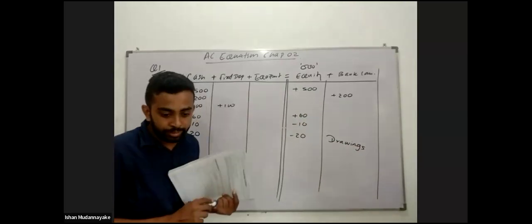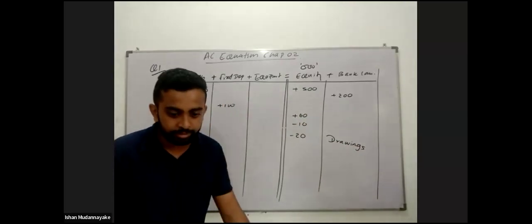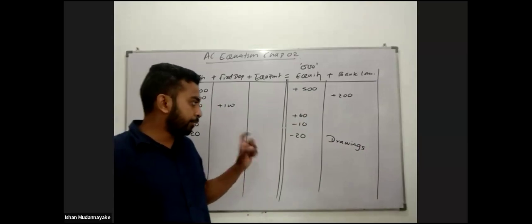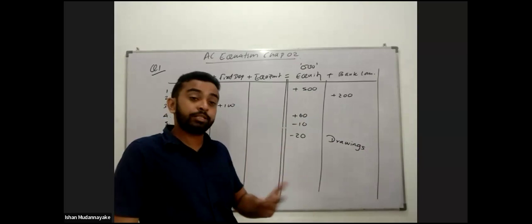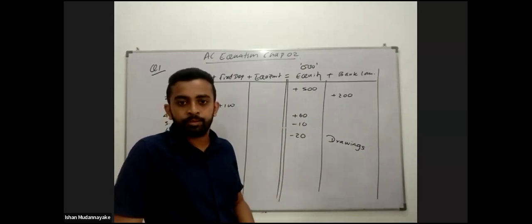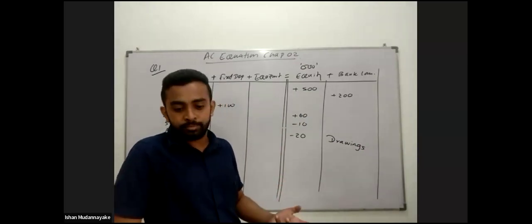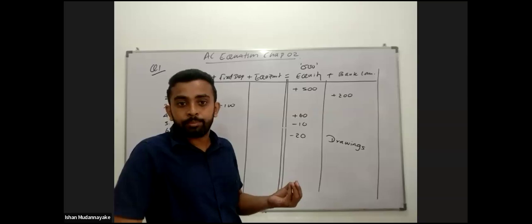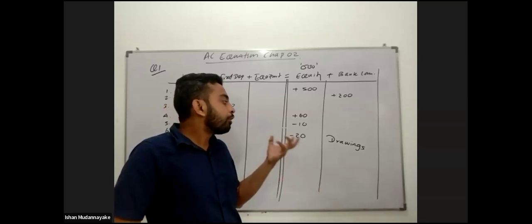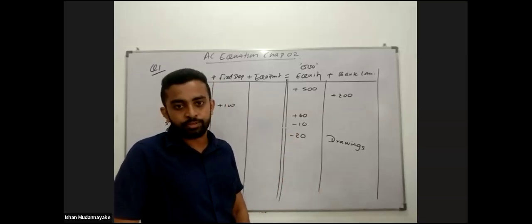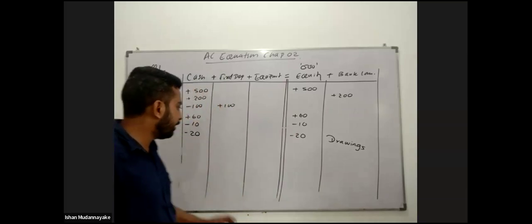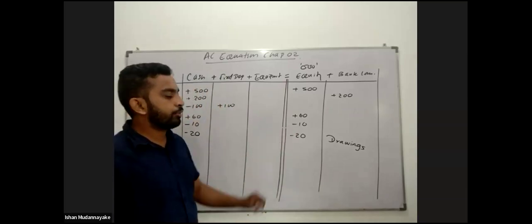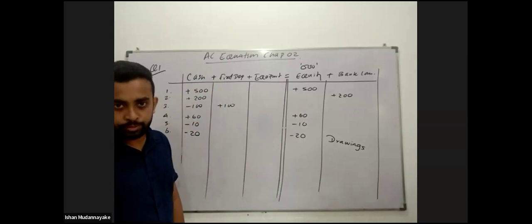If the owner obtains some amount from the business organization for his private or personal use, the technical name for that amount is called drawings. Drawings 20,000.